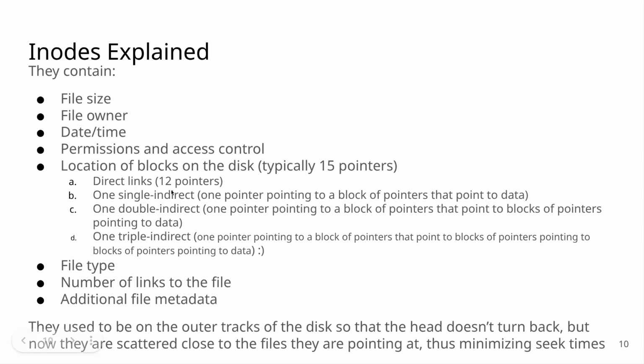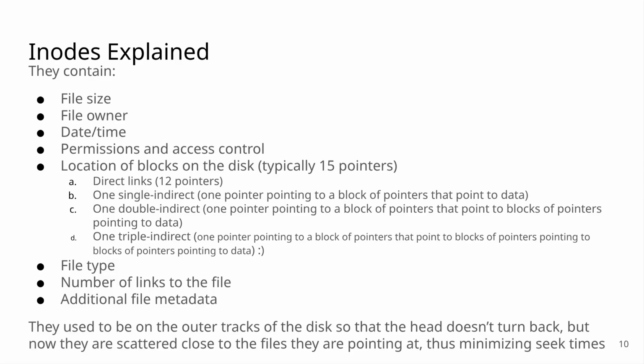And remember, these are not actually the blocks here, they're just the addresses of the blocks, pointers to the blocks. You can imagine by giving a block number, we can go to that block, right? So these are the links to these 12 blocks that can contain the data of the file.